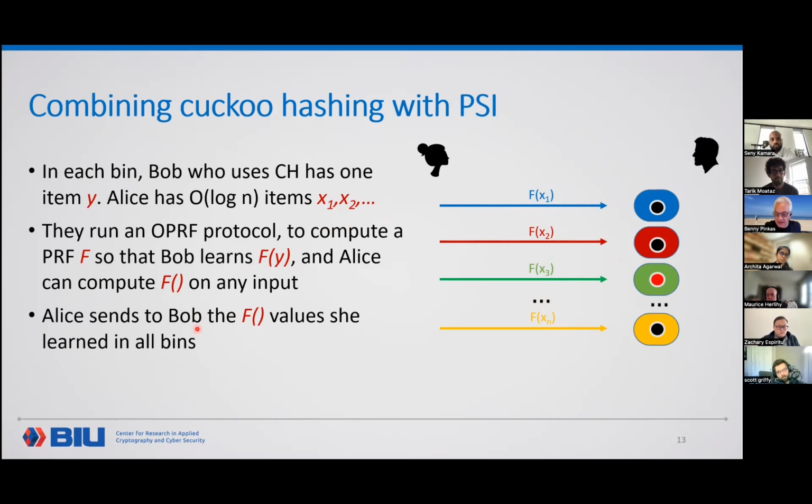What happens is that Bob can do only n queries, so we can only compare n items. And if you believe that we have this protocol that enables computing this function, like AES, encrypting the value without knowing the key, then everything is fine.